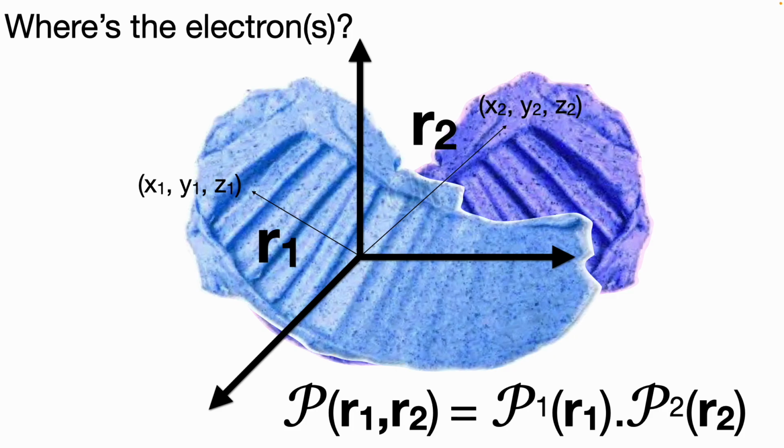Now, the probability of two individual events happening in succession is given as a product of the individual probabilities, which in this case would be the product of the two individual probabilities of finding the first electron at r1 and the second electron at r2.